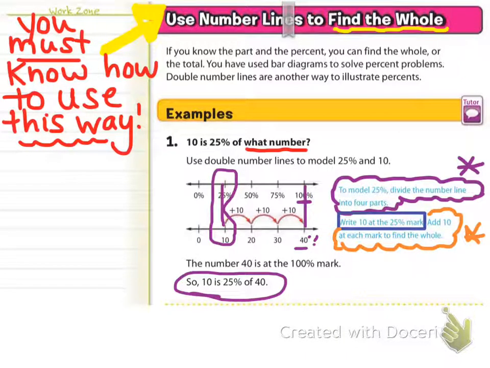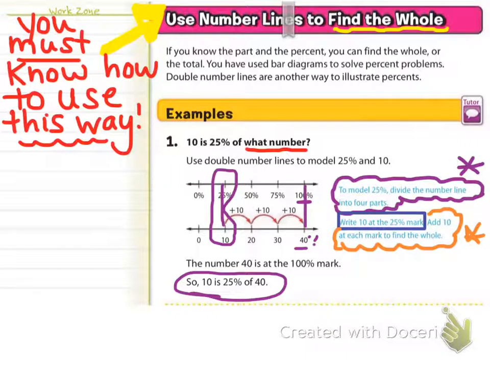If you notice off to the right, I put a little bubble and an asterisk around that. In the blue writing, it actually says to model 25%, divide the number line into 4 equal parts. Just like when you're doing graphs, you want to have equal intervals when you set this up.